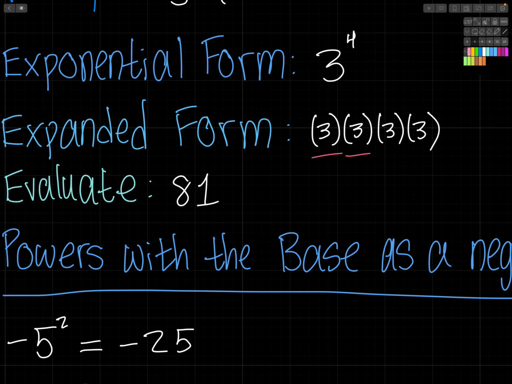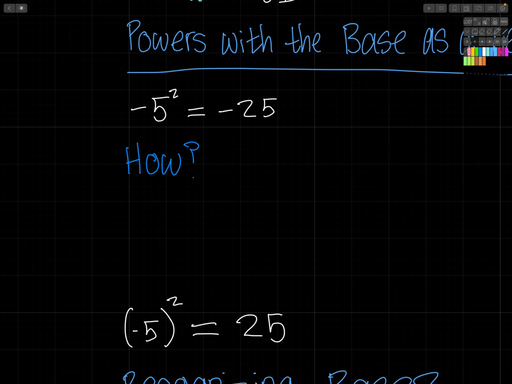If you know BEDMAS, we first do brackets, then exponents. So we do 5 to the power of 2, which is 25. Then, division, multiplication, and this negative is essentially a secret negative 1.